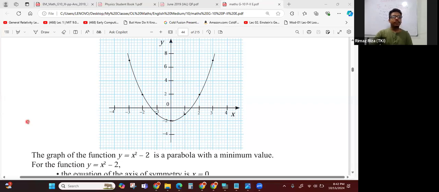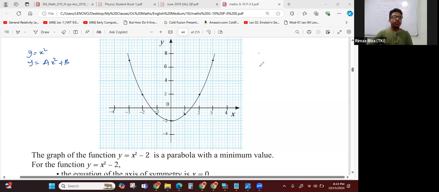In grade 10 syllabus, you always get this because you have only this form of graph. Y equals x squared, y equals ax squared plus b. So you have only this type of graph in grade 10, and you always get axis of symmetry as x equals 0.